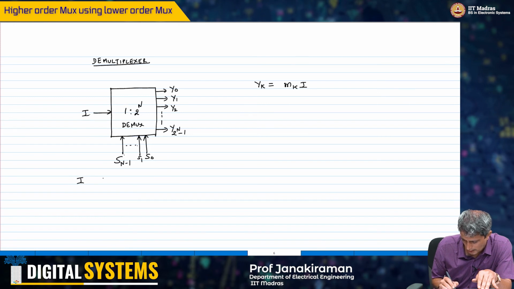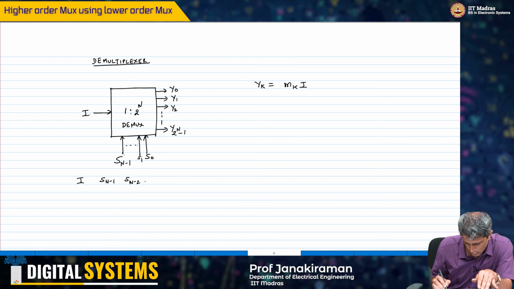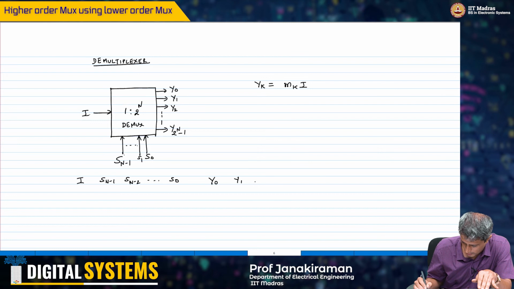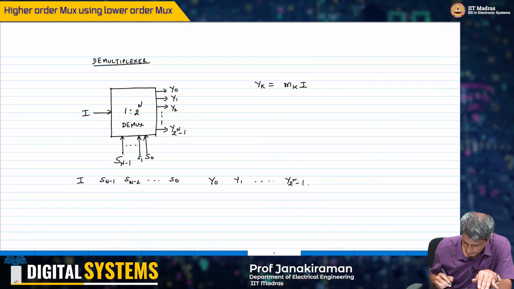So, the input I, Sn minus 1, Sn minus 2 all the way to S0, outputs are y0, y1, y2 power n minus 1.